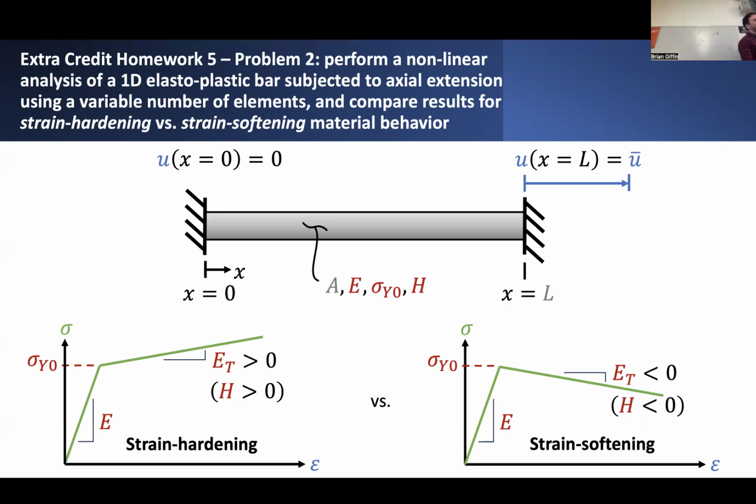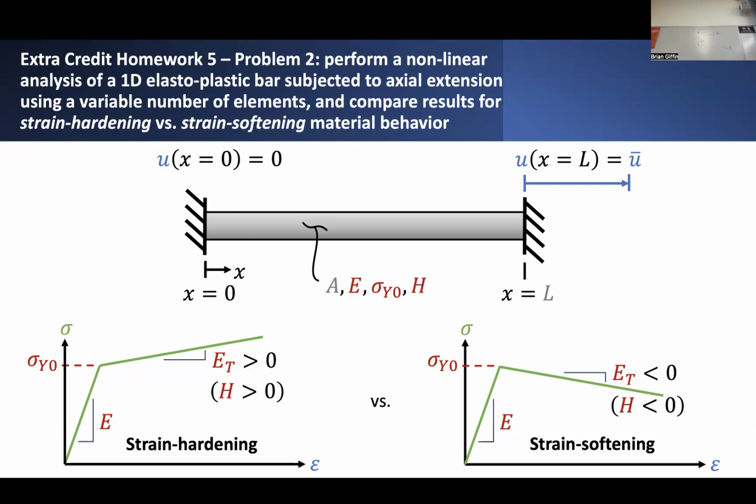And I ask you to run this problem for different numbers of elements and for different material behaviors, where the elastoplastic behavior of this bar might either exhibit strain hardening behavior, where the slope of this stress strain curve is increasing during plastic loading, or it might exhibit strain softening behavior.